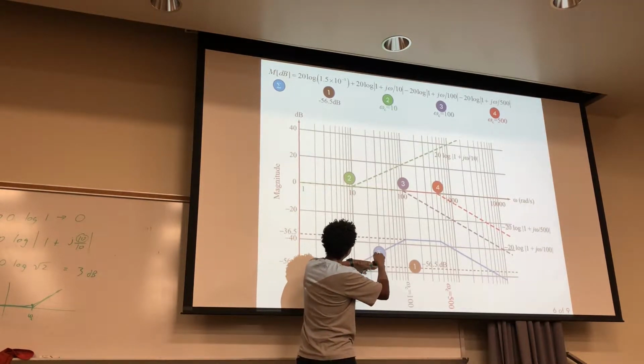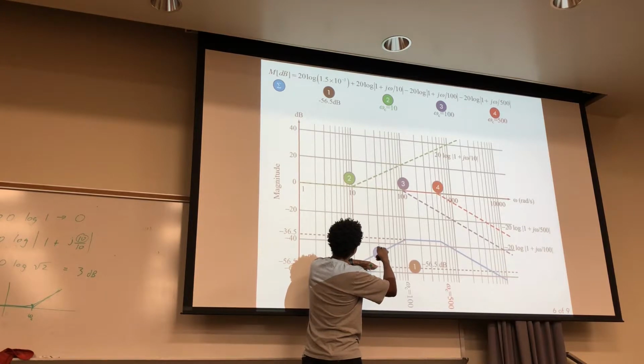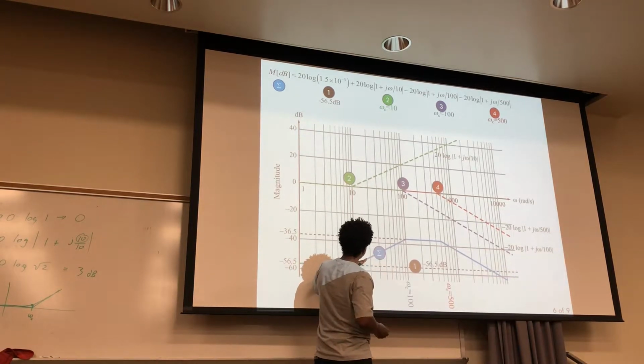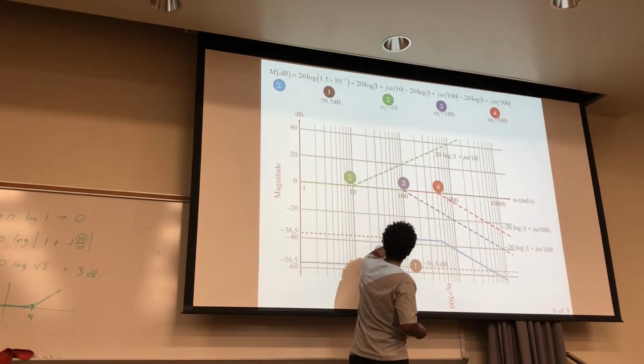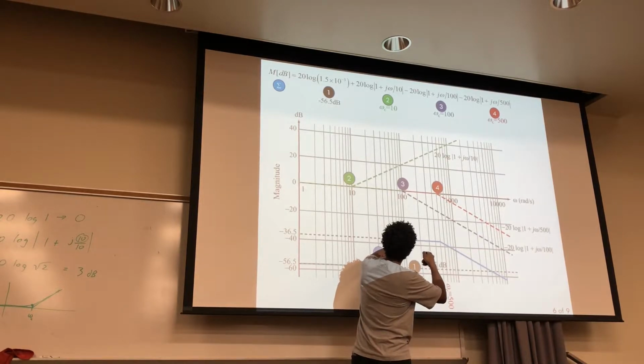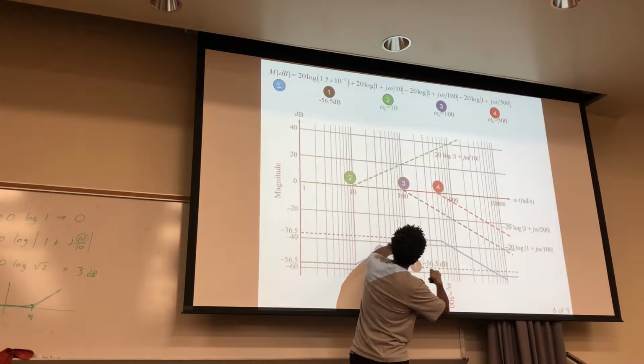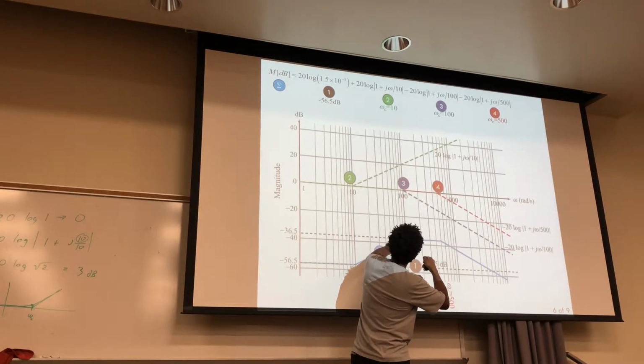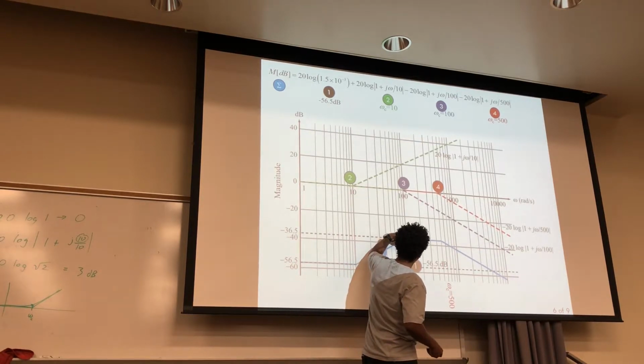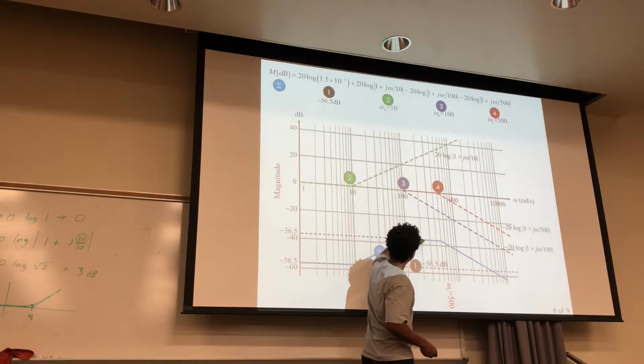For here, you got 3 and 4 as 0, but that one is at 20 decibels per decade, so that's why that's going up. At this point, you're adding the green and this purple together. This is 20 decibels per decade. This is negative 20 decibels per decade. So they cancel out. So you get this horizontal line right here.